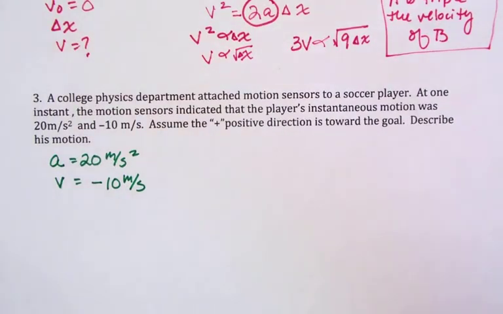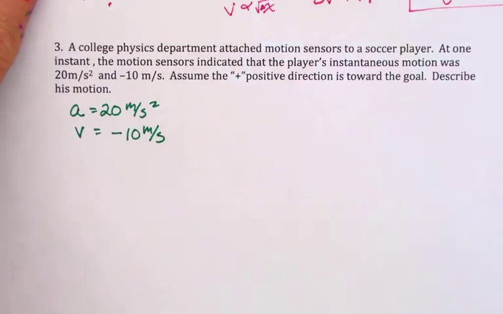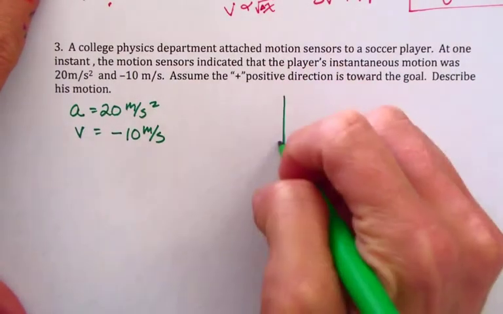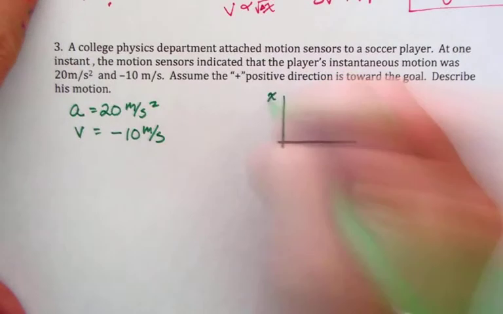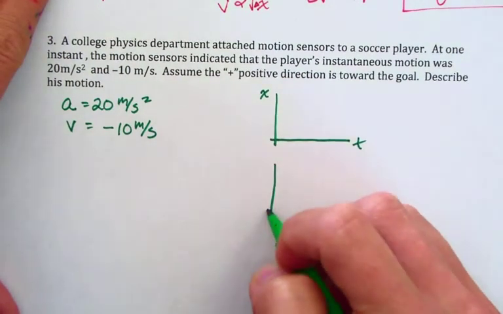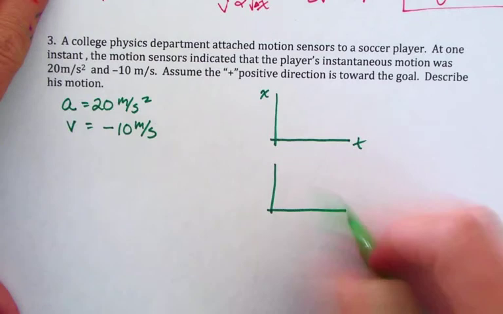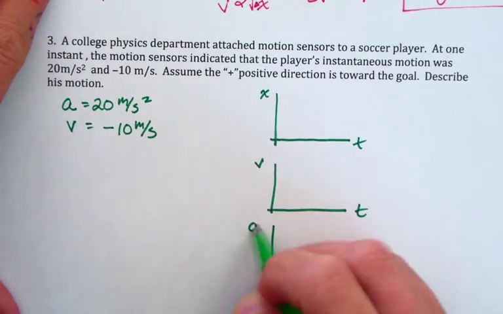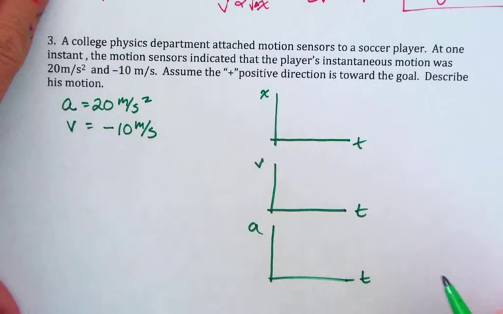Now, this is an instant in time, so what I think is the easiest way to explain what's going on is to take a look at the 3 graphs all at the same spot. So I have a position-time graph, a velocity-time graph, and an acceleration-time graph.